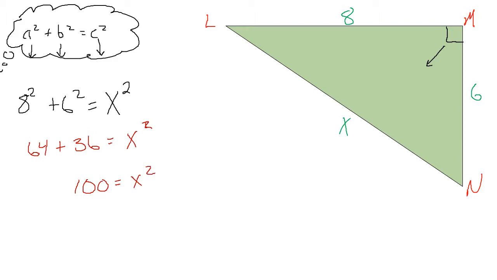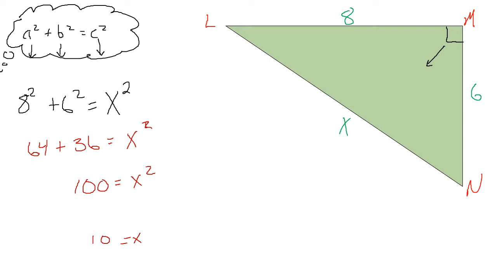Now, this X squared equals 100. Something squared equals 100. This one I can do in my head because I know what you square to get 100. Something times itself equals 100, so X equals 10.